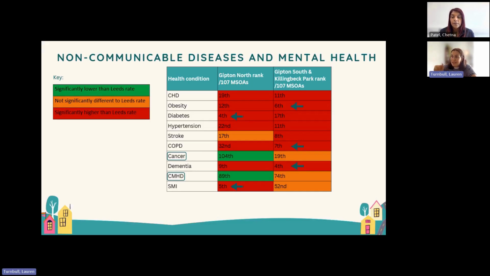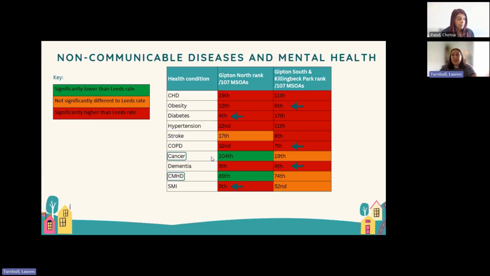And you can see on the whole, Gipton South ranks higher for most conditions compared to Gipton North, and they all rank quite highly out of all the MSOAs for all conditions generally.